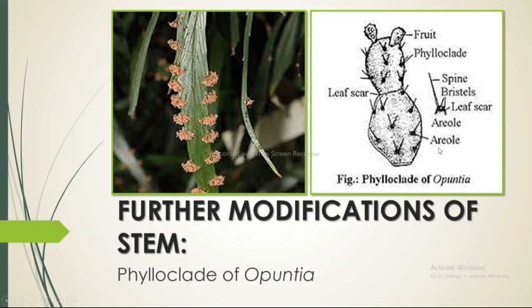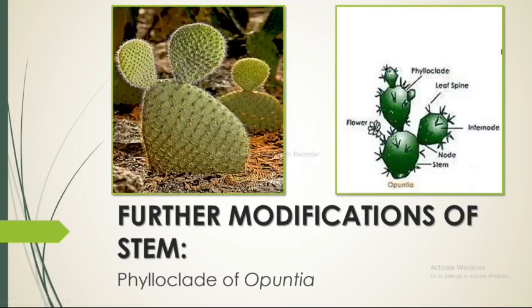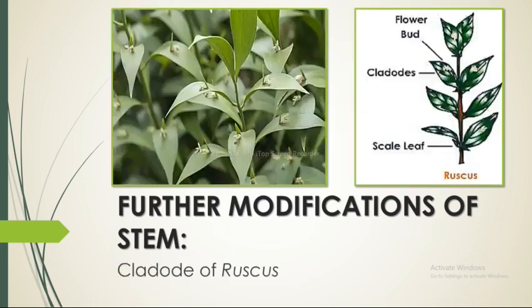So this is the areole, and this is the figure of the phylloclade of Opuntia, as shown. Further modifications of stem, phylloclade of Opuntia: the phylloclade, leaf spine, internode, node, stem, and flower of Opuntia, as shown in the figure.